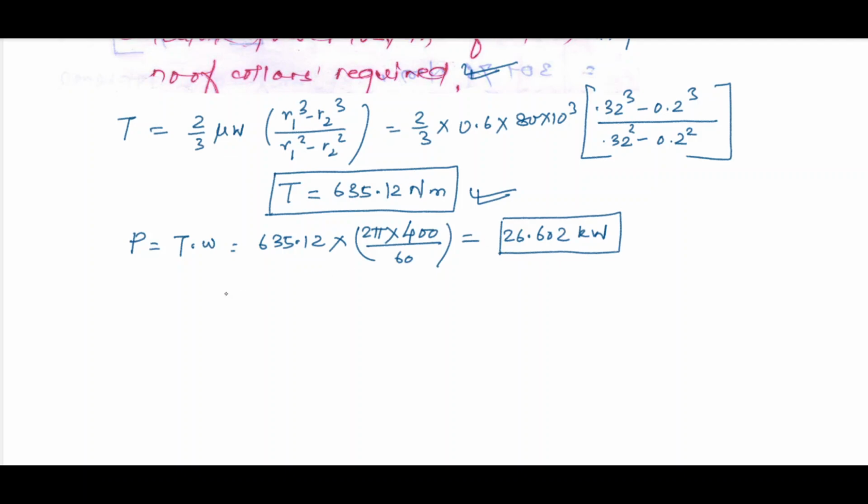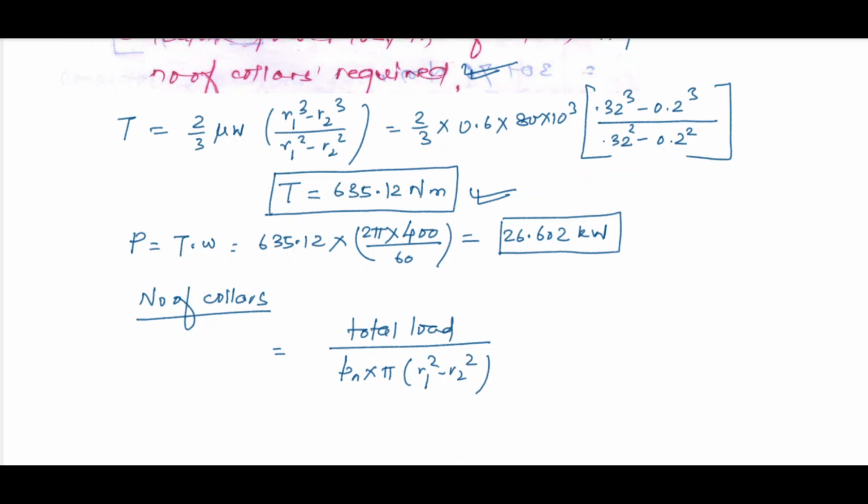Okay. Now we need to find out the number of collars. It will be equal to total load divided by load per unit collar. Load per unit collar will be pressure into area, so Pn into area, pi (R1 square minus R2 square).